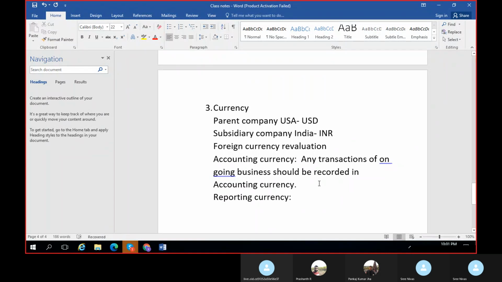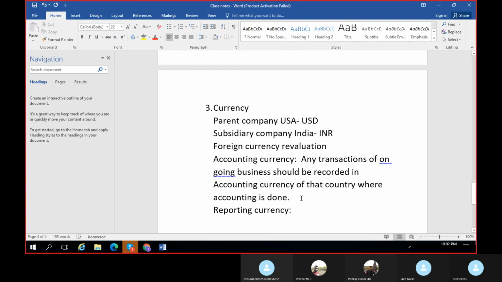So any transactions of ongoing business on a daily basis should be recorded in the accounting currency of that particular country, or as per the subsidiary country. So any transactions related to any module, since we have to perform the accounting process, we will have to configure the accounting currency.